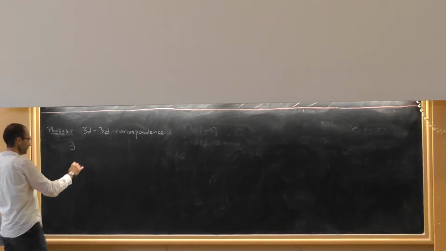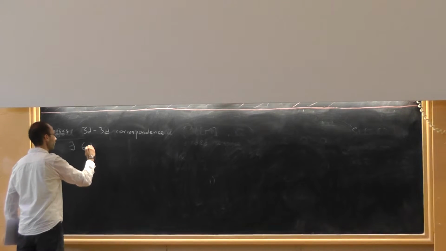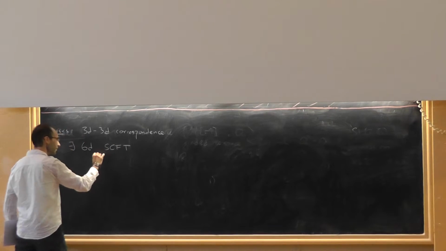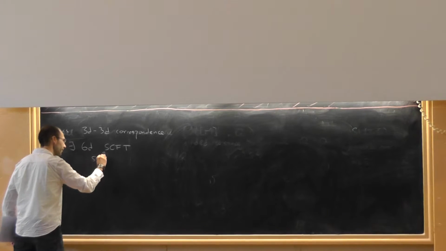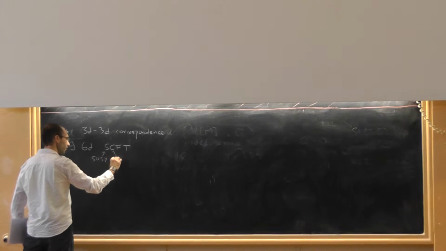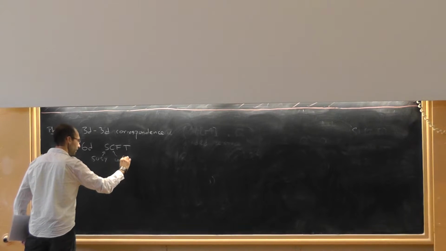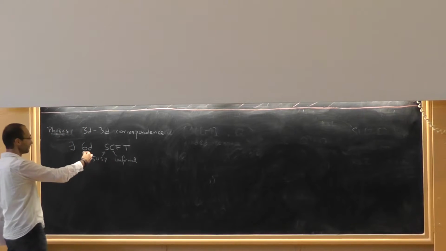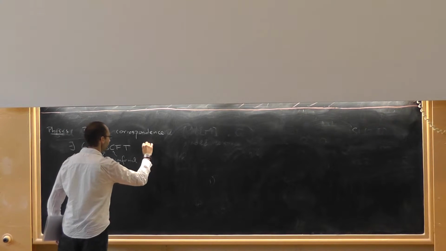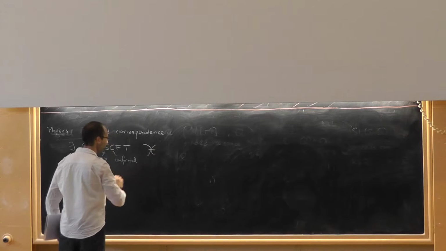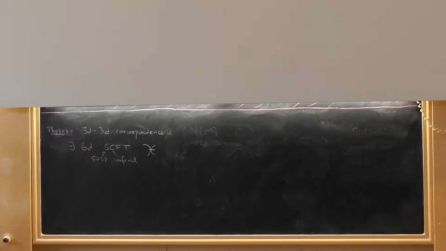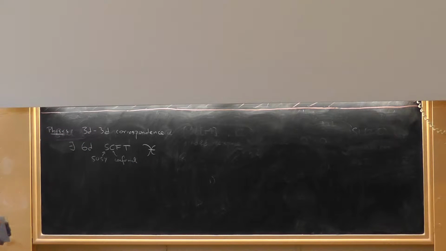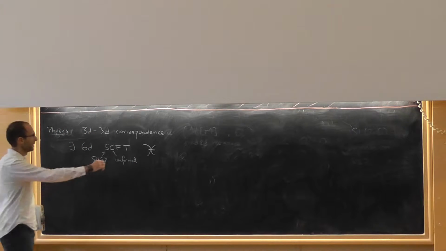So there exists a 6D SCFT, which means supersymmetric and conformal quantum field theory with maximal supersymmetry that I'll just call theory X, following some mathematicians who have studied the subject.